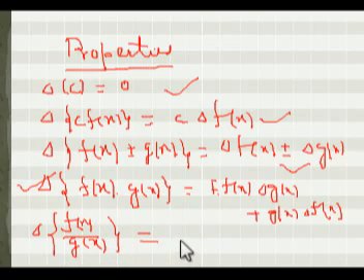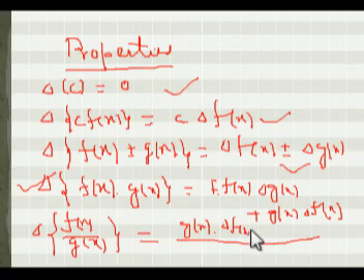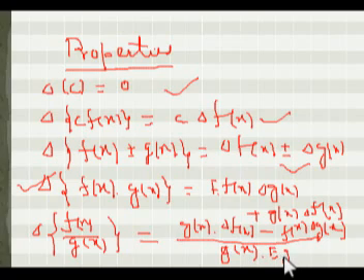Then we will have this relation: g(x) del f(x) minus f(x) del g(x), and the denominator will be g(x) and the shifted g(x), E g(x).